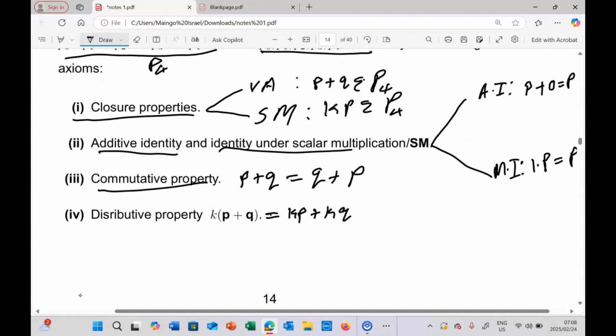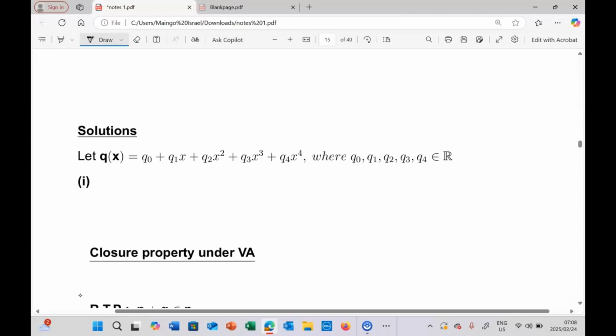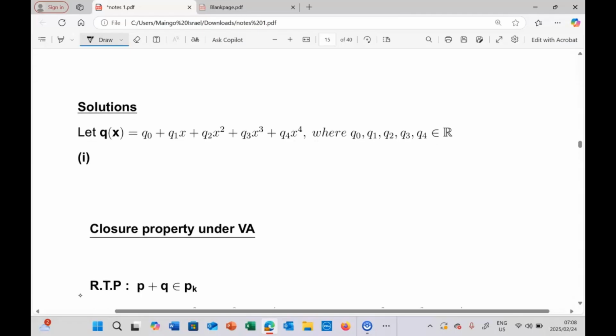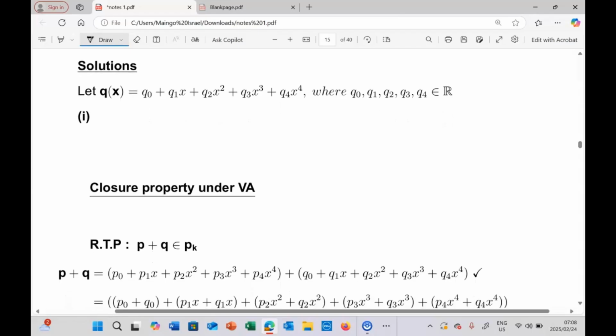Now let's start with Roman numeral number 1. So, solutions. Let's start with the first question. Remember, we're verifying the closure properties.